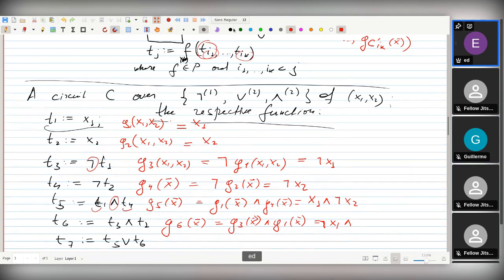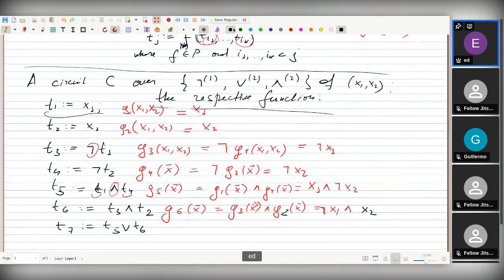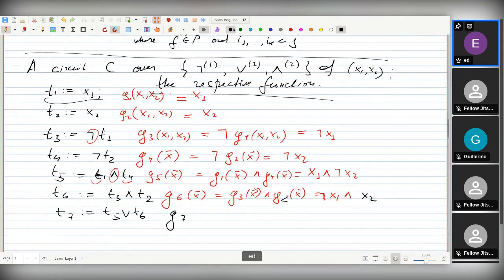But that is not what we want. Let us correct it. It should be 2 here. So it will be g3 and x2. And the last one, the function that corresponds to the last line, hence to the whole circuit, is g7, whose value is defined by applying disjunction to the values of g5 and g6.